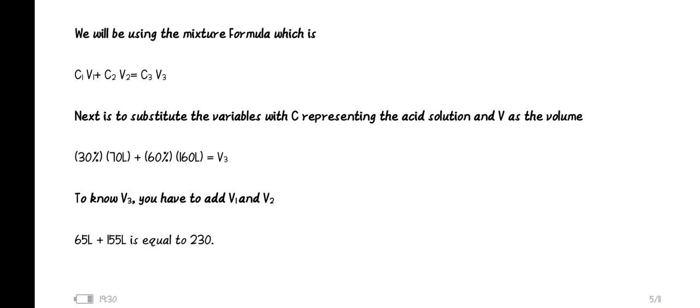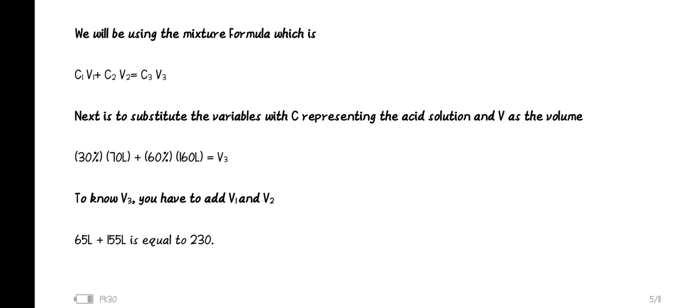Next is to substitute the variables with C representing the acid solution and V as the volume. So 30% times 70 liters plus 60% times 160 liters, which is equals to V sub 3, or the volume.